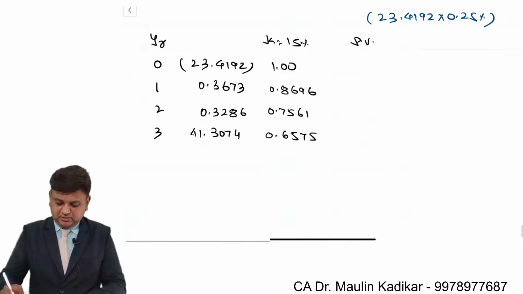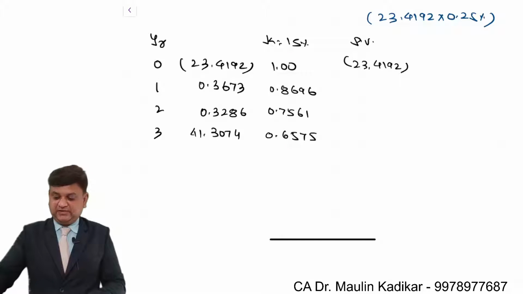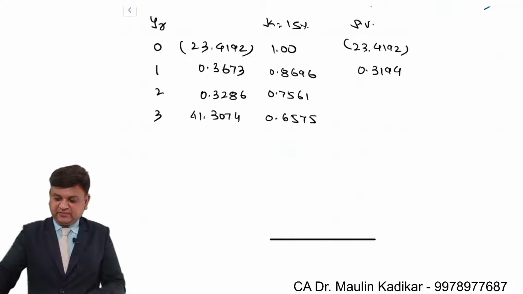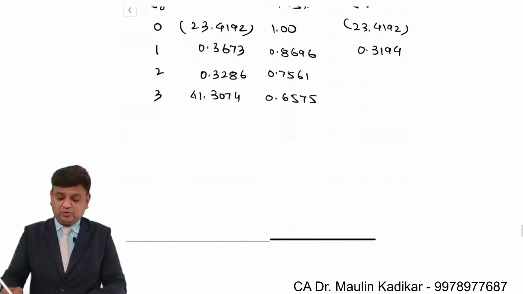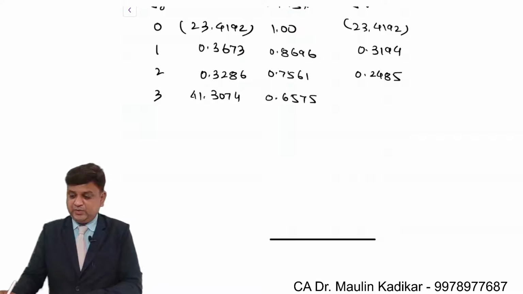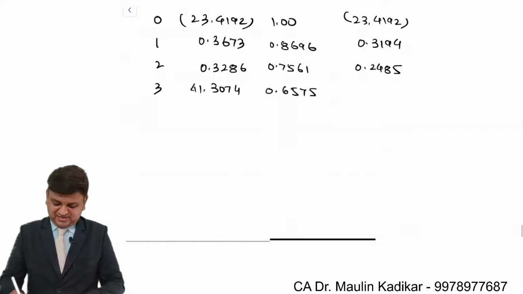Present value: 23.4192; 0.3673 into 0.8696 is 0.3194; 0.3286 into 0.7561 is 0.2485; 41.3074 into 0.6575 is 27.1596.